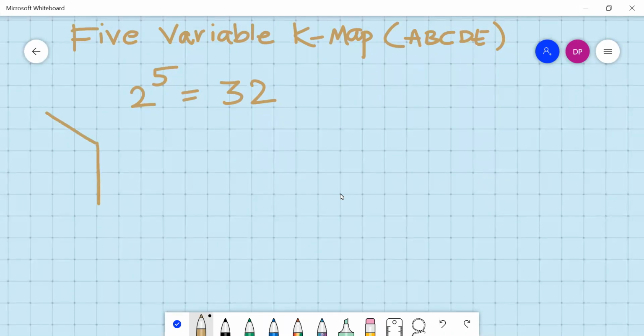So we will be drawing 16 cells like this.